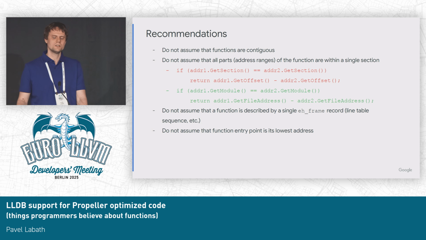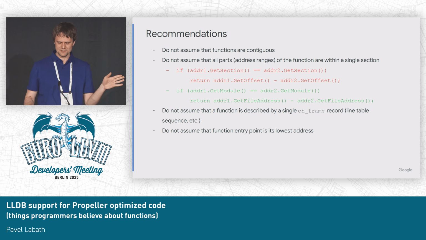Next, do not assume that the function entry point is its lowest address, because the linker can rearrange things as you like. The function can begin in the middle or anywhere.